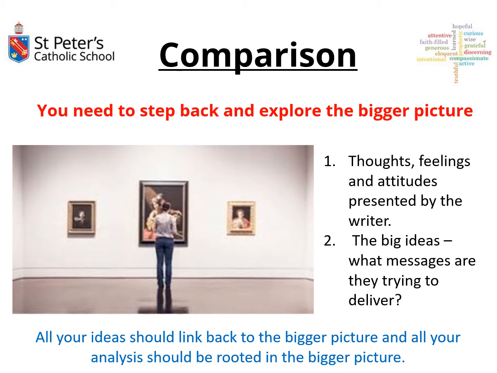So you need to ask yourself, what is the purpose of that metaphor in relation to the message that I know this poet was trying to deliver? Or how does that metaphor contribute to the tone that the poet is trying to create? Or how does that metaphor show me the poet's feelings? Okay.